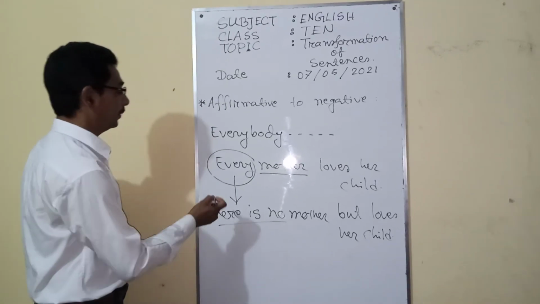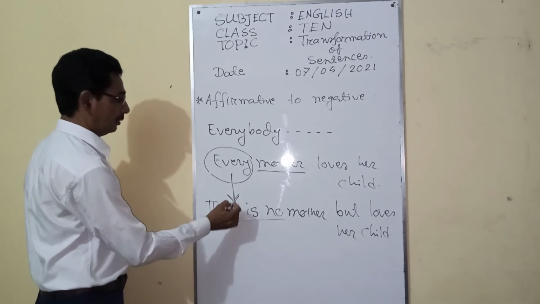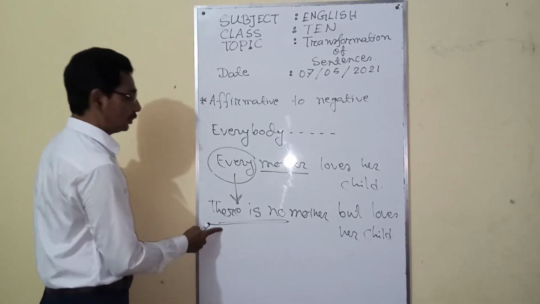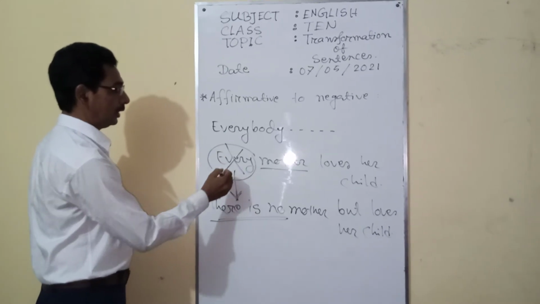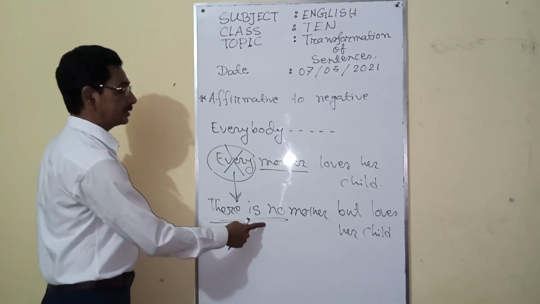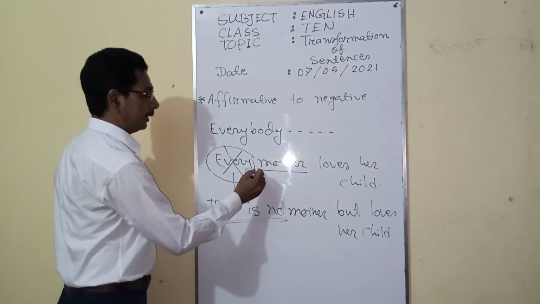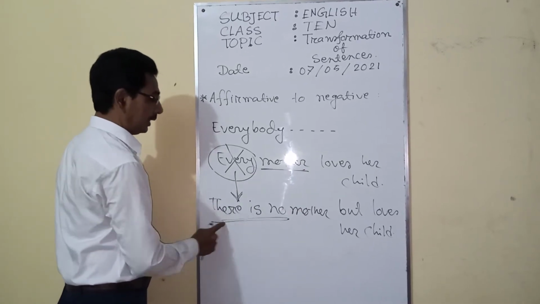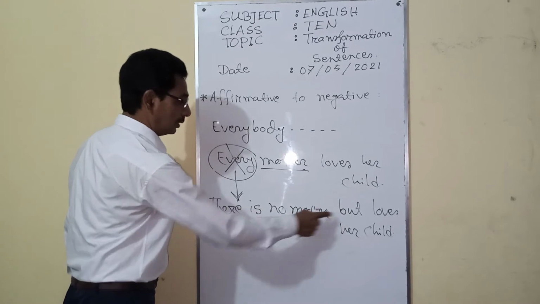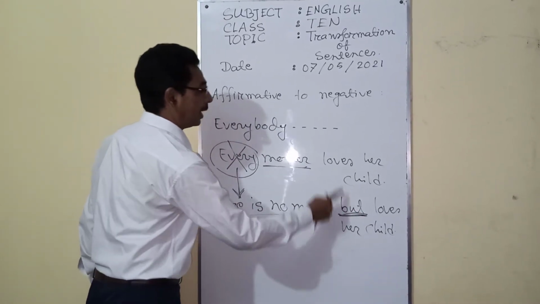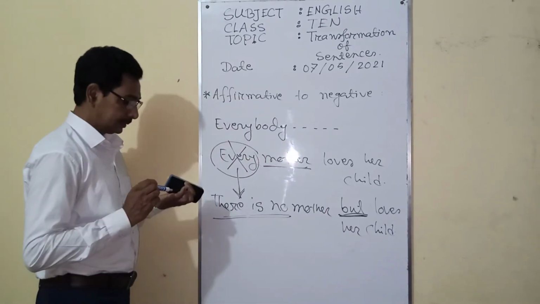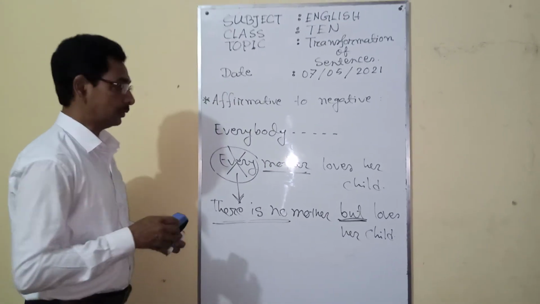You see again, you have to write down there is no against every. There is no mother, and then you have to write but. There is no mother but loves her child. This is a very important rule also.